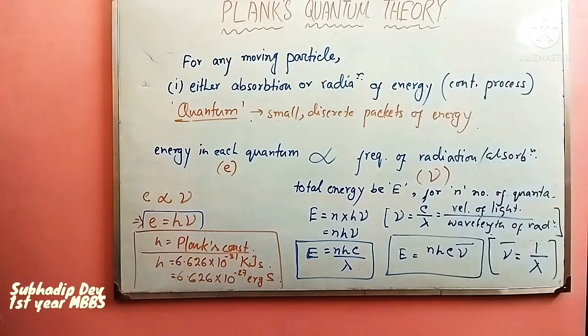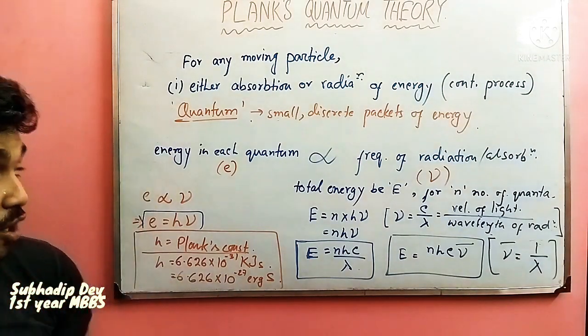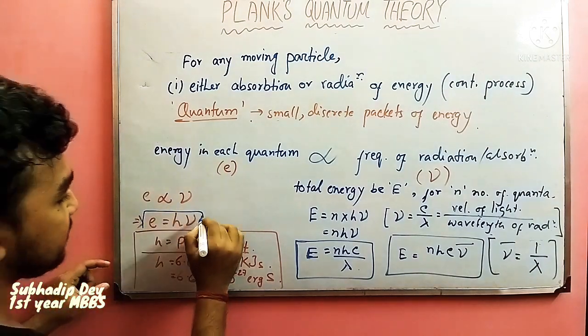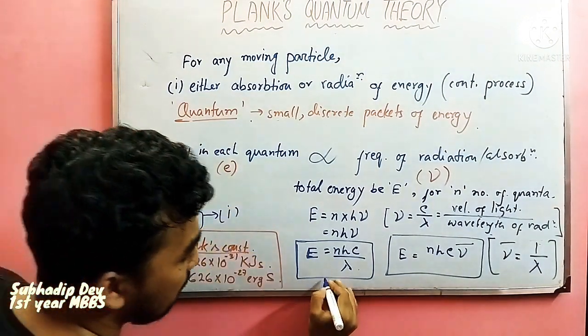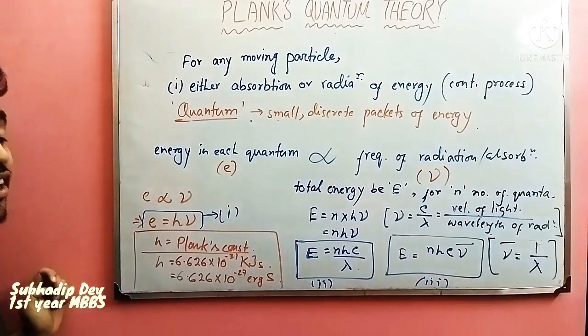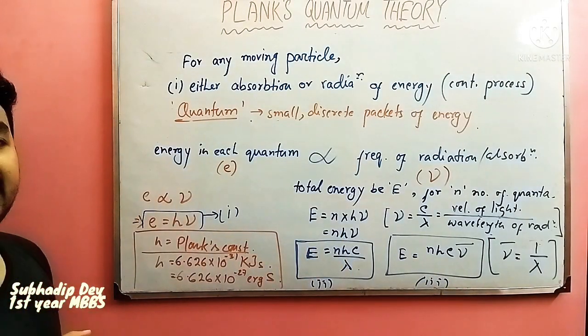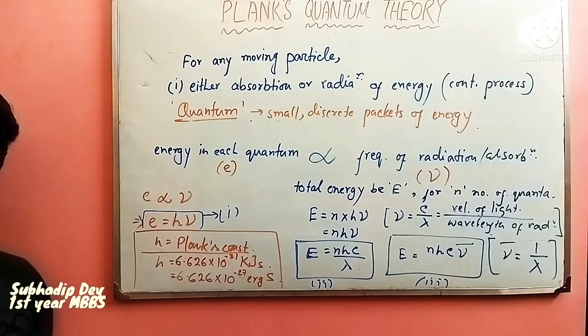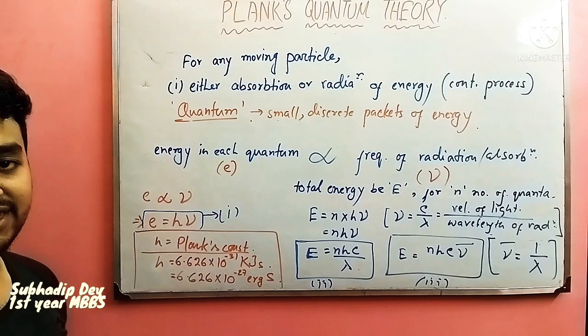So here we have got three relations from Planck's quantum theory: this is number 1, this is number 2, and this is number 3. All these three relations you will get in the numerical section while I solve the previous year questions.